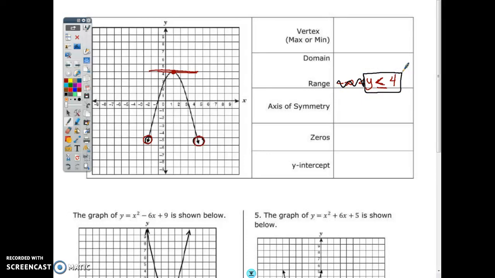Okay? Now, another thing you need to know. When you have a quadratic that opens downward, that's called a negative quadratic. That means the a will be negative in the equation. That's going to help you with problem number 10.